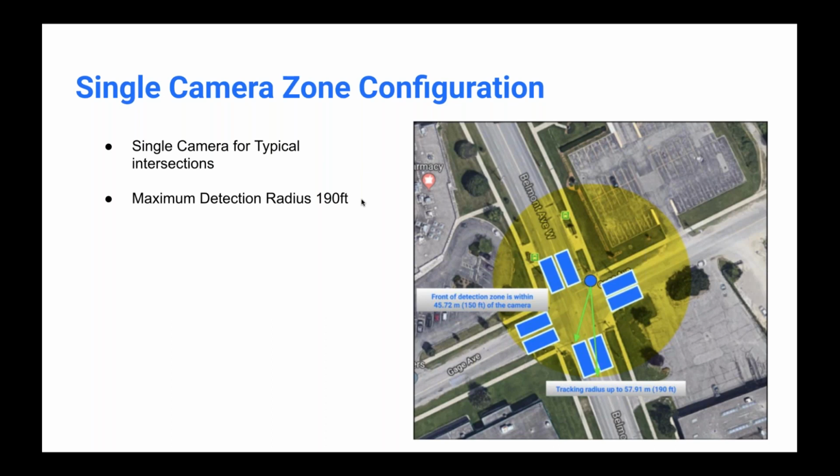You could mount it on its own pole if you really wanted to, but the prior three things I mentioned are where we typically see cameras mounted. We typically recommend a height of about 30 feet for that installation. When the camera is mounted at 30 feet, you're going to get about a 150-foot field of view to the front of the zone, and at furthest back, about a 190-foot field of view.